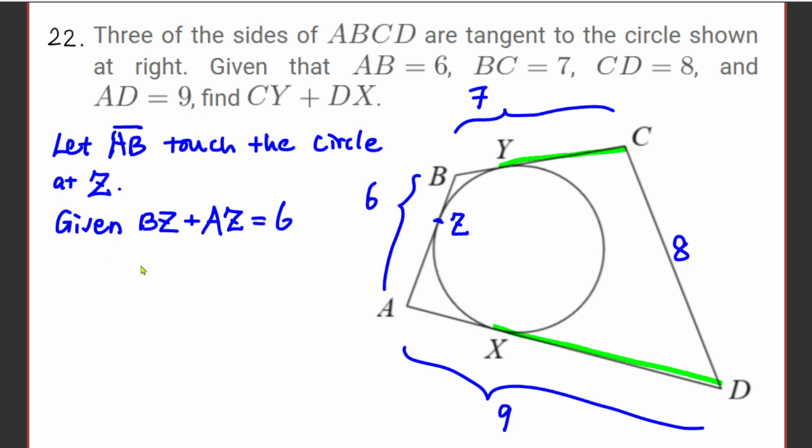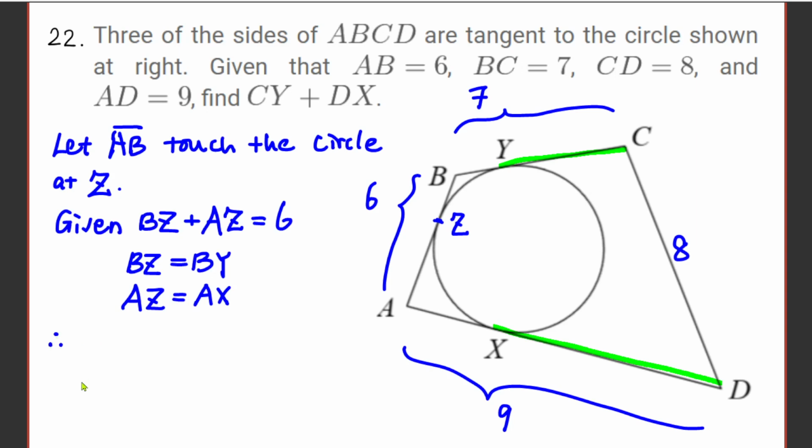We also have BZ equals BY and AZ equals AX, right? Because tangents from the same point to the same circle are equal.